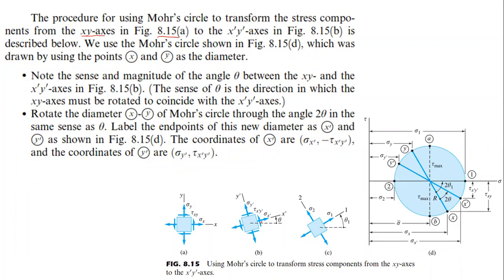As you have seen, we have a rotation. Initially, the figure was horizontal, then it is tilted at a certain angle, theta.